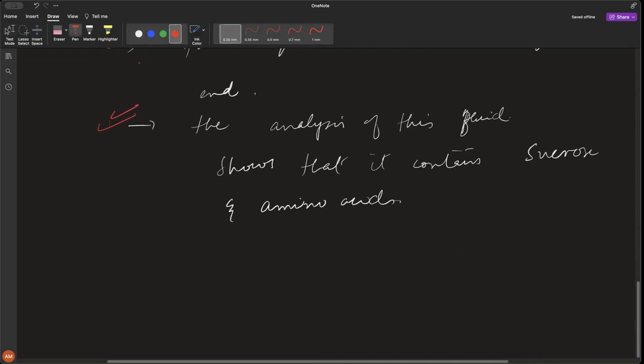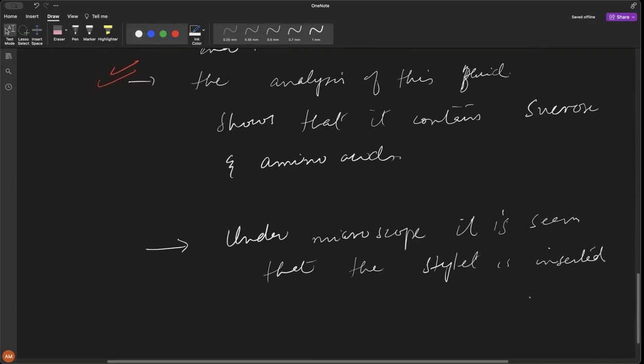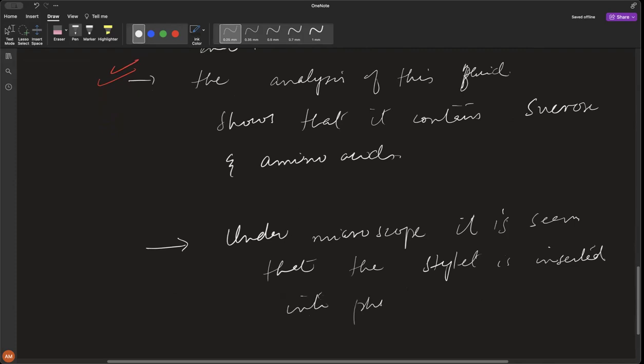But the important part is that under the microscope, it is seen that the stylet is inserted into the phloem sieve tube.